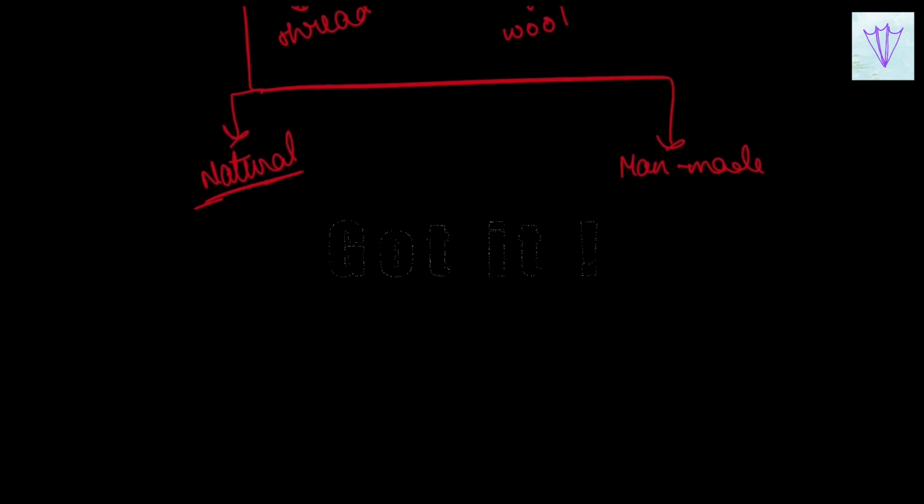Natural fibers are those which are obtained from plants and animals. Some examples are cotton, silk, wool, coir, etc. While the synthetic fibers are those prepared in the laboratory from different chemicals through artificial means. Some of the examples are nylon, polyester, and many more.